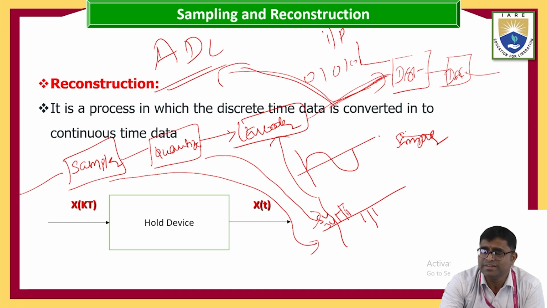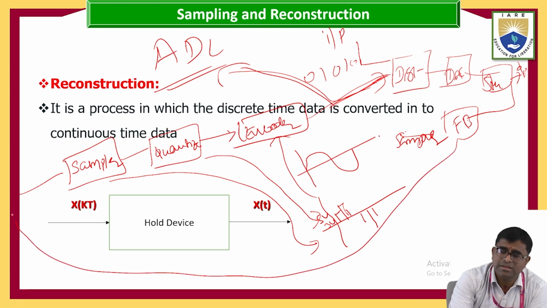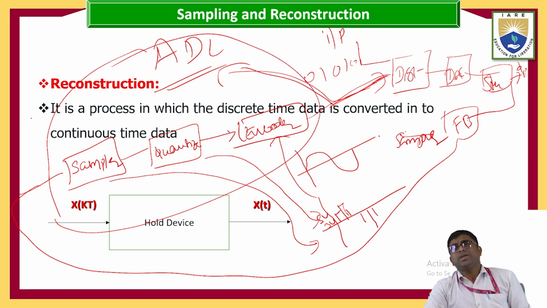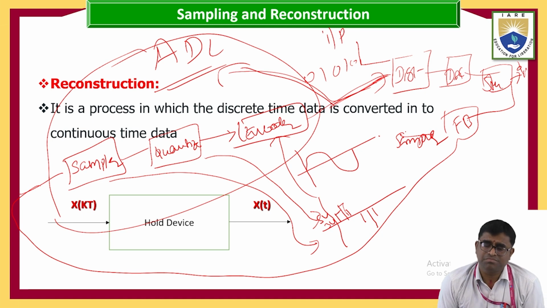This DAC gives the analog signal that is given to the system. If your system output is exactly as expected, no problem. If not, go for the feedback. That feedback is connected to this ADC. The ADC is nothing but this sampler device, like this box. Okay, this is your total sampling and reconstruction part.